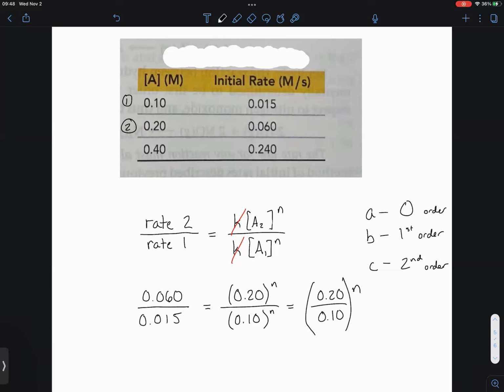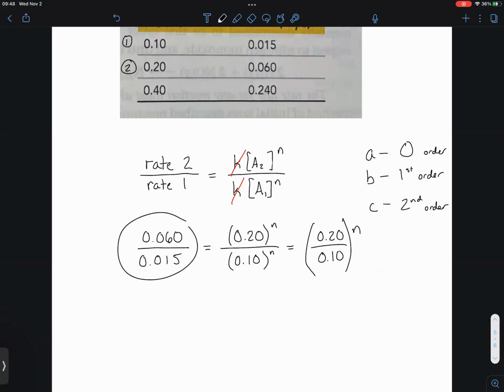Okay, so then we're going to plug it in. So this ratio here would be 4. Can be good with my sig figs. 4.0 is equal to 0.1 divided by 0.2, which is 2.0, to the power of n.